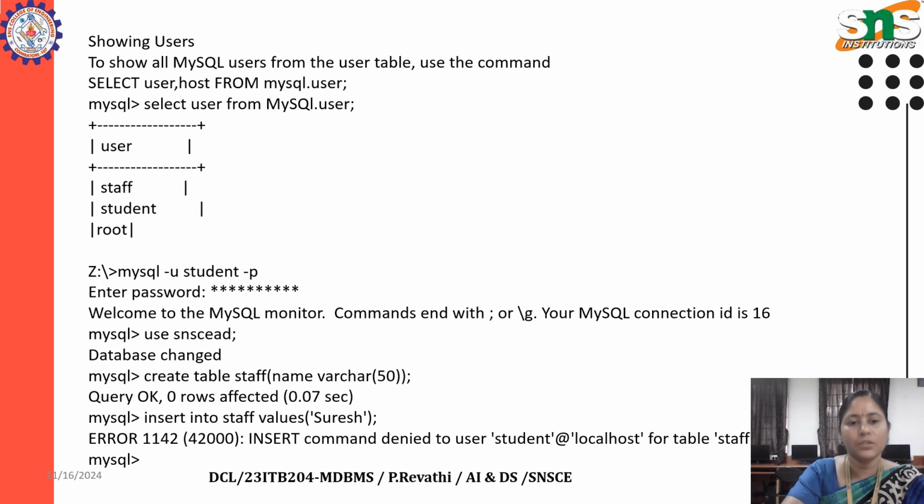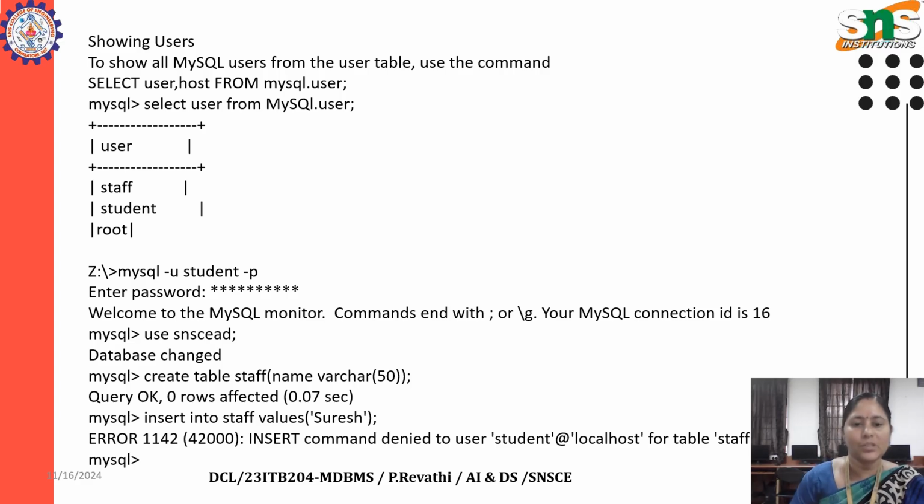So first we need to create a table, that is the table name is staff. Create table staff. Field name is name, then data type is varchar, size is 50. Next, we are going to insert some values into the staff table using insert command.